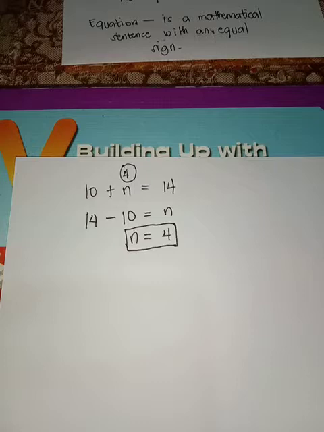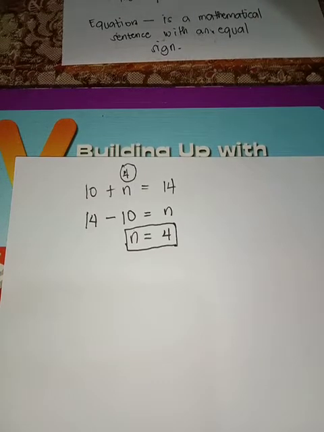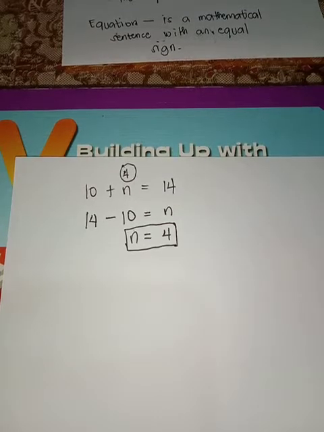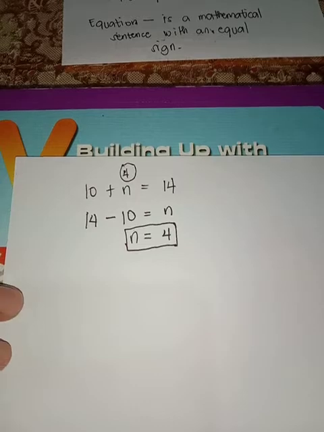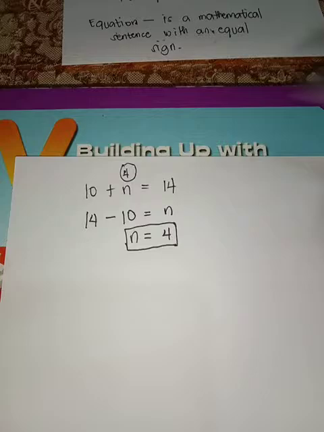Okay. So another concept, grade 4. Gumagamit tayo ng iba't ibang letters to represent the missing number. So pwede tayong gumamit ng letter A, letter B, letter C, letter D, E, F, G, and so on and so forth. So let's have another example. Example number 2.